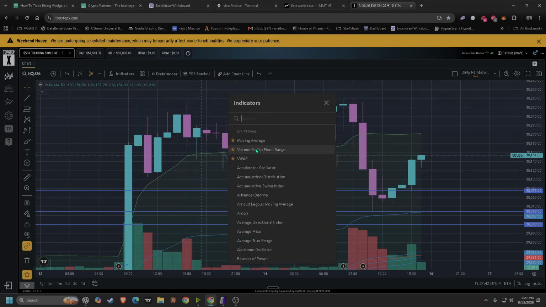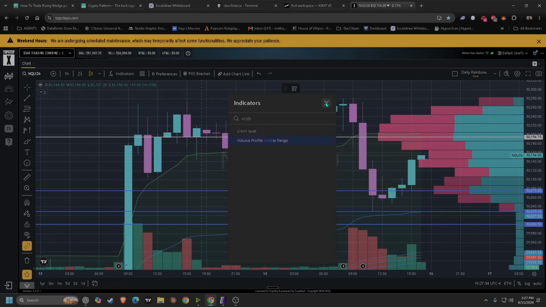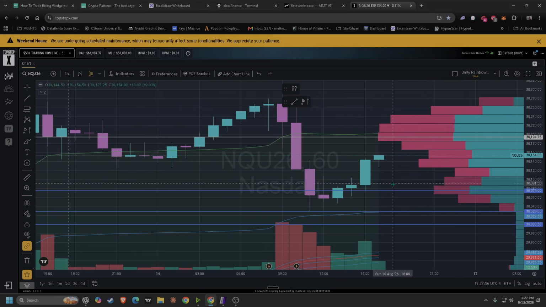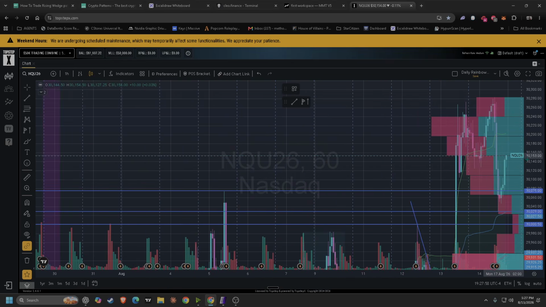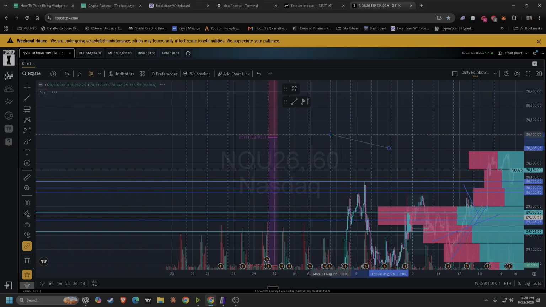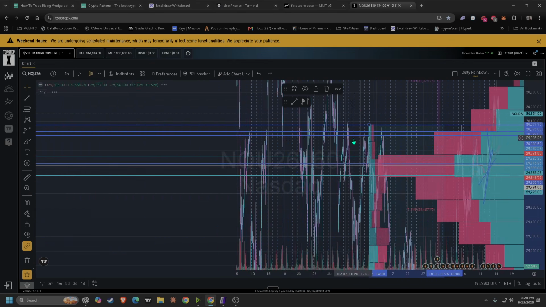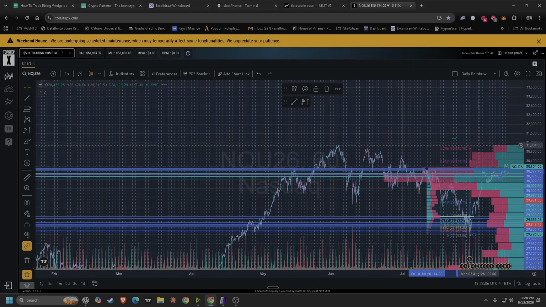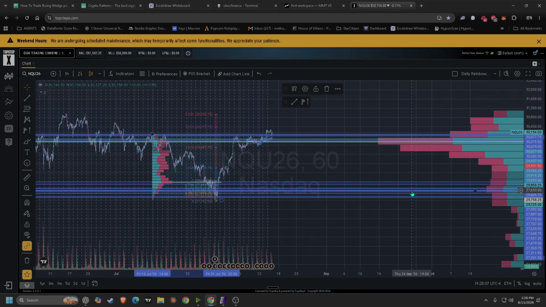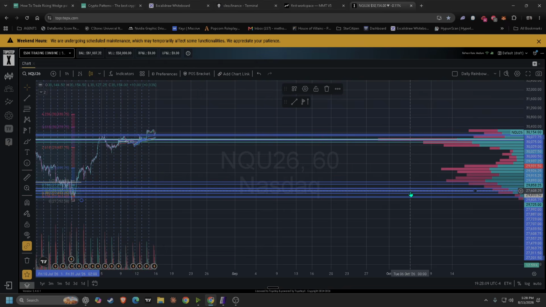You can also have a visible range volume profile that scales with the chart. As you move the chart, it shows you the volume distribution that's visible.